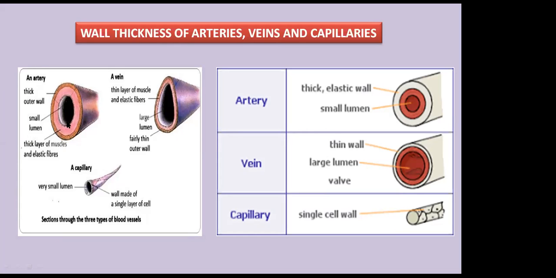So the lumen or diameter of the artery is less when compared to the lumen of the vein. Veins have a wide lumen when compared to arteries, and capillaries have a relatively smaller lumen when compared to the veins. The reason behind the thickness of the walls is the number of muscles present in the tunica media.